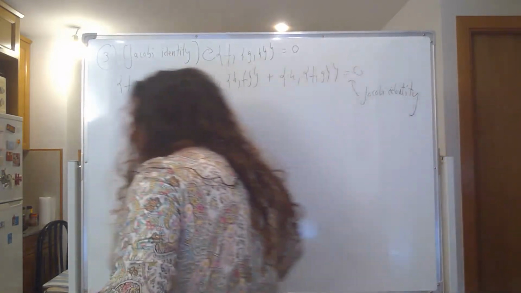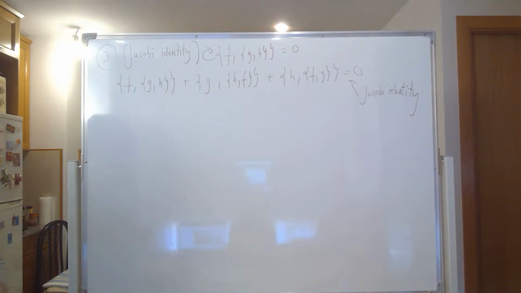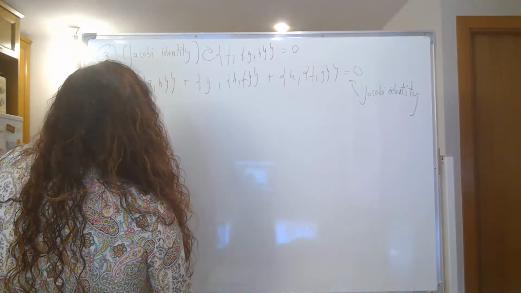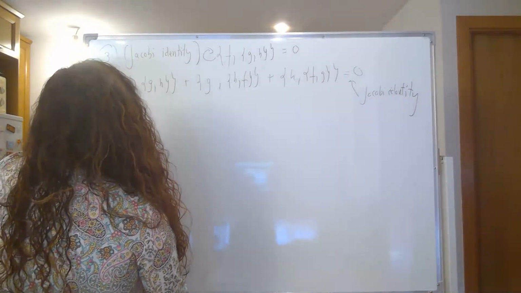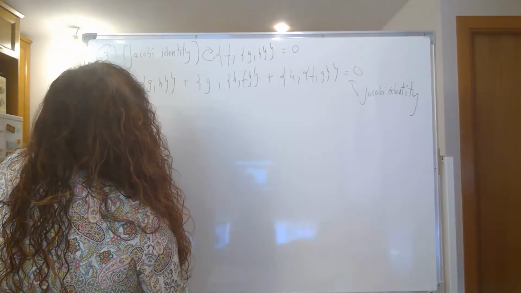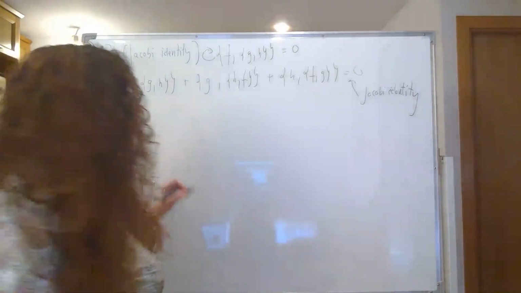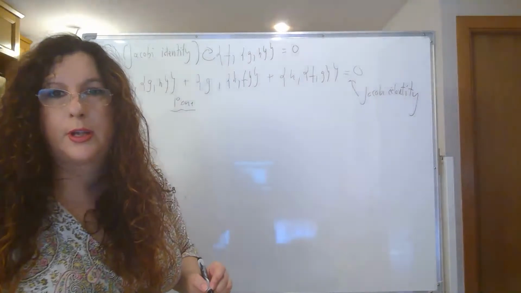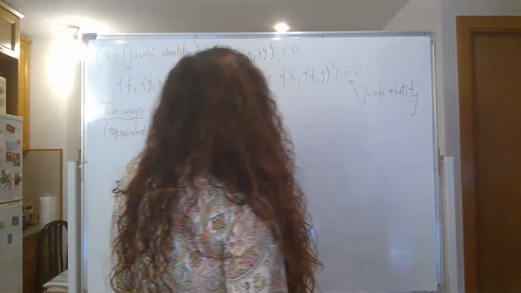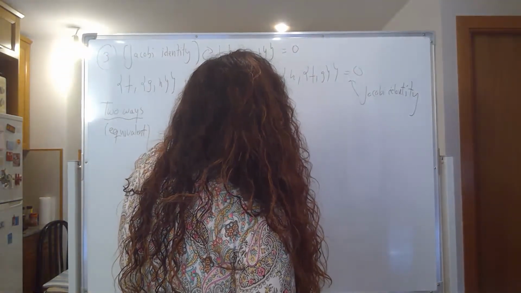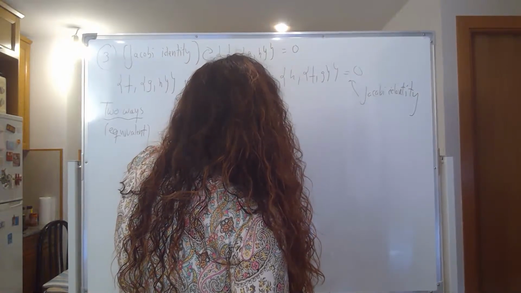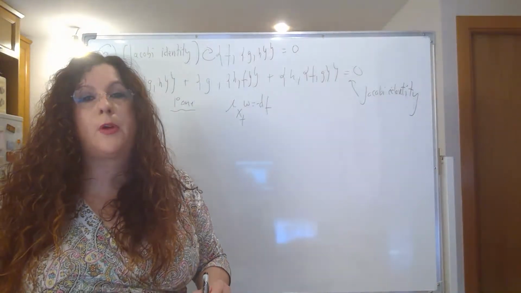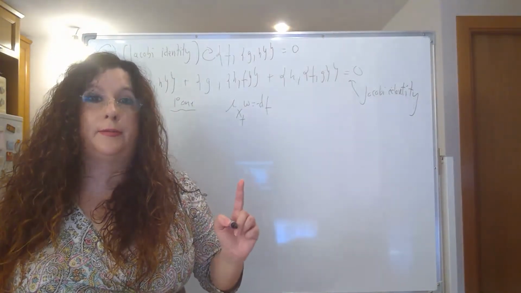There are two ways to prove this result, which are totally equivalent. The first one, which is the one I suggested, is to use the fact that the correspondence between functions and Hamiltonian vector fields given by this formula defines an isomorphism of the tangent and the cotangent bundle.